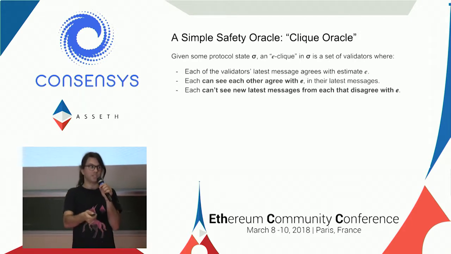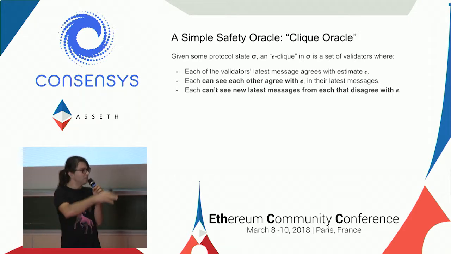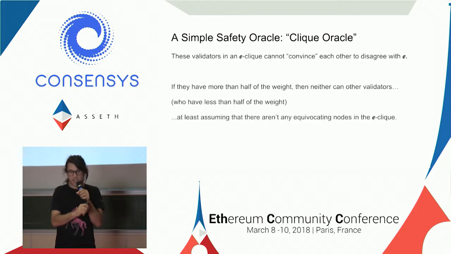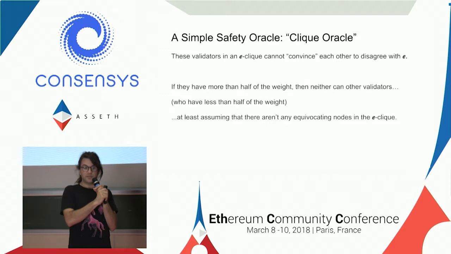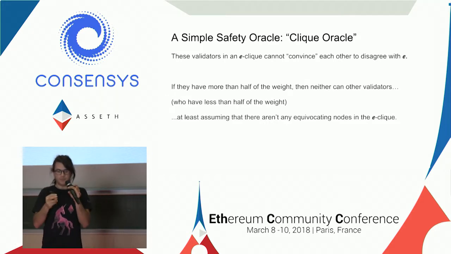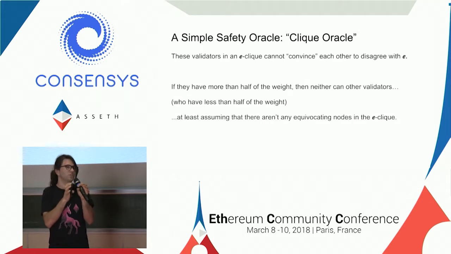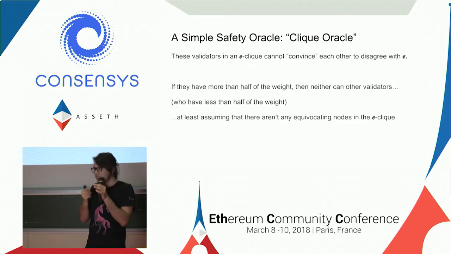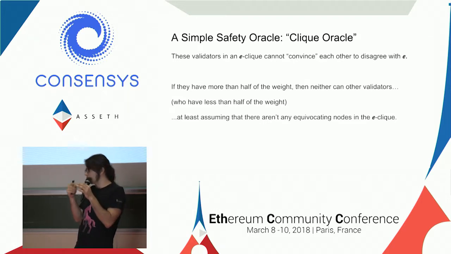So if we find one of these cliques where all of the validators see each other agree and they can't see each other disagree, then, firstly, no matter how much weight they have, they can't really convince each other to change their estimates, because they can only send each other messages that agree and can't see from each other messages that don't agree.